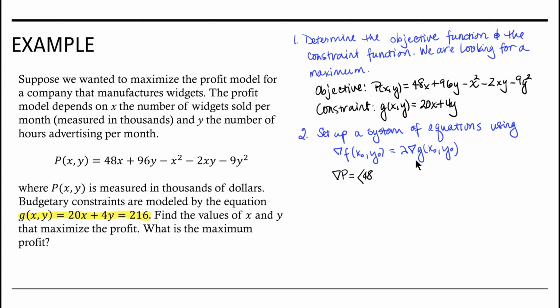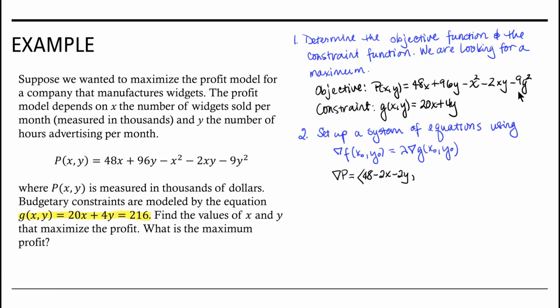The partial with respect to x of our third term is 2x, so minus 2x. The partial with respect to x of our fourth term is going to be minus 2y. And then the partial with respect to x of our fifth term is 0. So there's our first component, our x component, the partial of our function p with respect to x.